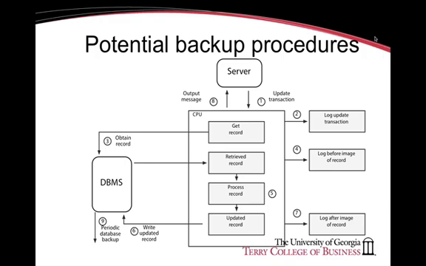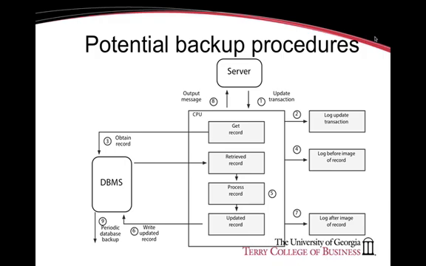After the record is retrieved, an image of the record is made to make sure that we know what the data looks like before the change. Then the record is processed based on the transaction parameters and the record is updated in the database management system. A log is recorded after the update to make sure we know what the database management system looks like after the transaction has been processed.